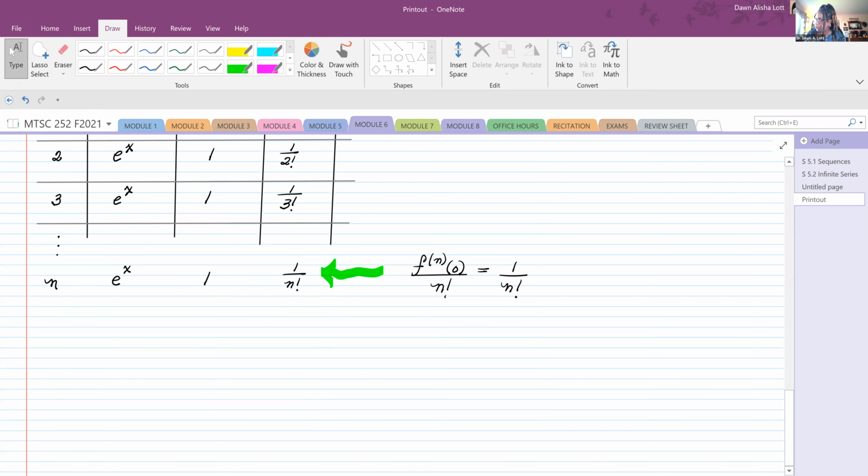So now that means that my function f of x, which is e to the x, we said is the sum n equals 0 to infinity, the nth derivative at 0 over n factorial times x minus 0 to the n. Well, this piece is what we just found.